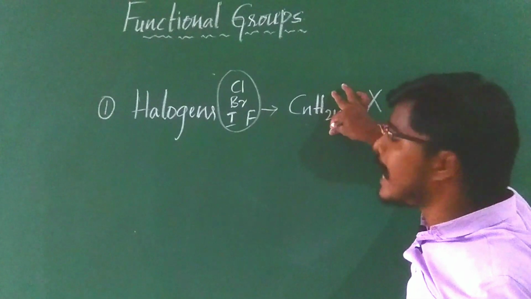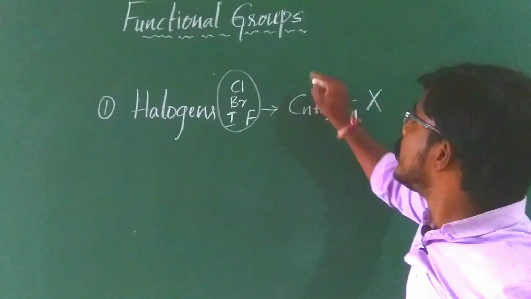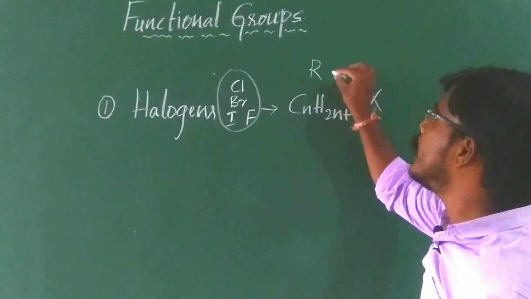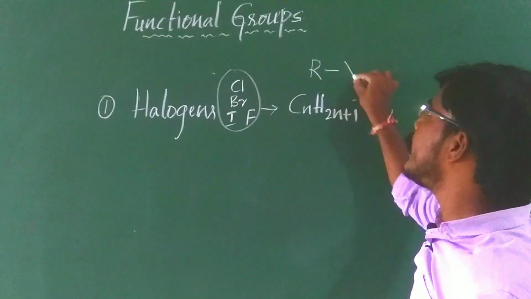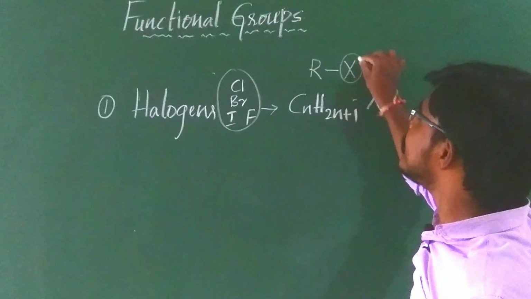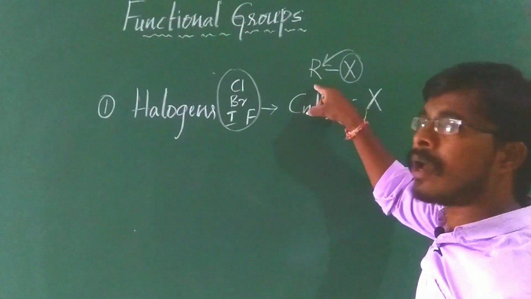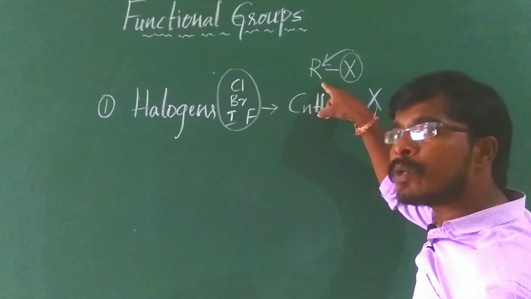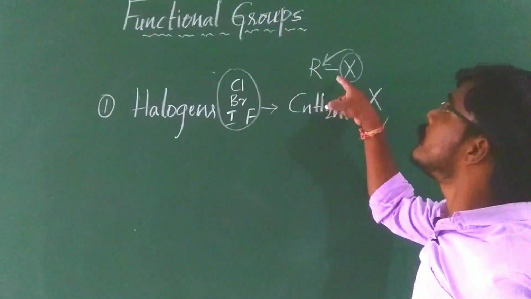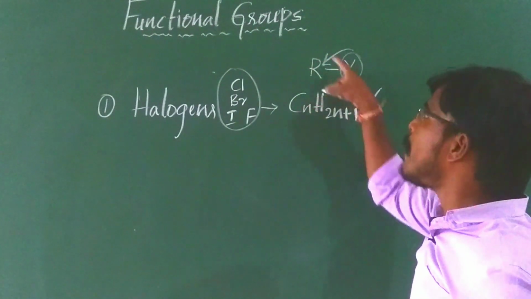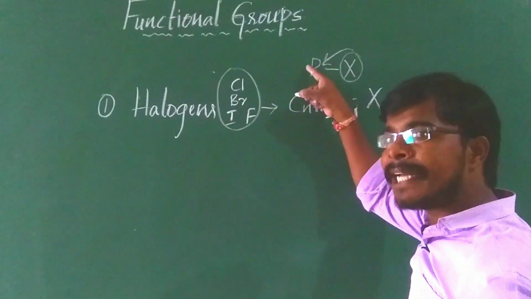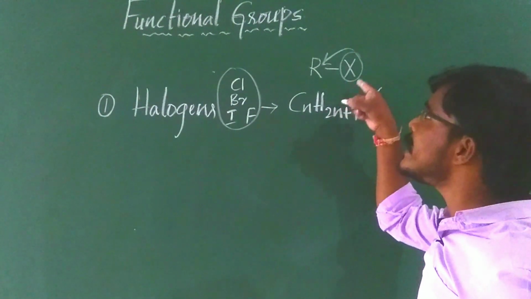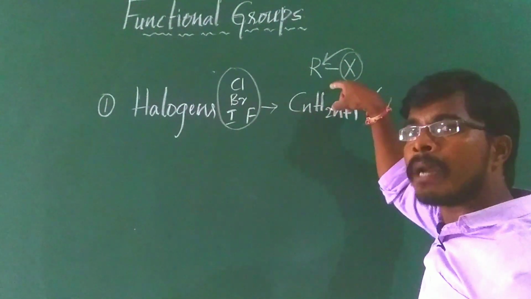If a halogen is attached to a hydrocarbon, the hydrocarbon can be written as R, an alkyl group. To this R, if you attach X, then this X is going to show the function to the R. X is a halogen. So if this halogen is attached to a hydrocarbon, then the function and property of the hydrocarbon is going to change, and that property is decided by the group attached to the main carbon compound.